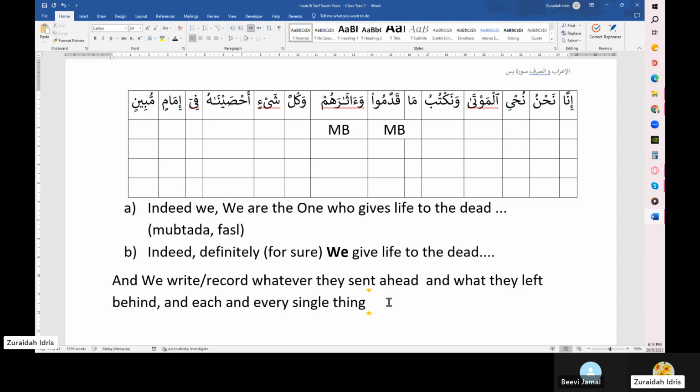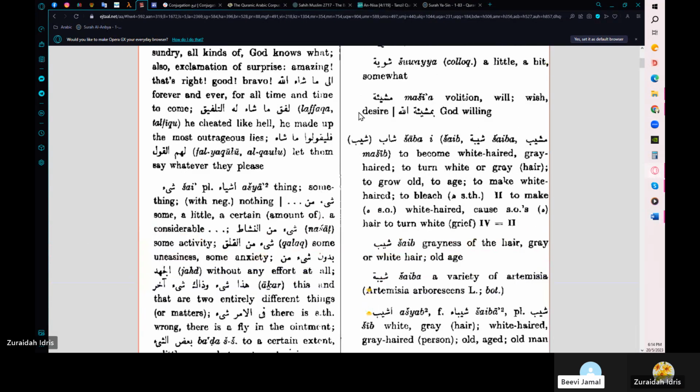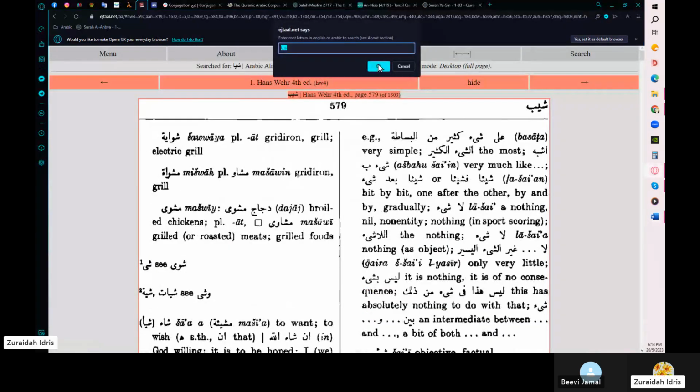Ahsayna is family 4. When we use family 4, what's the significance of that? Make something, right? Let me see. What's the root letter for ahsayna? Ha sad ya.